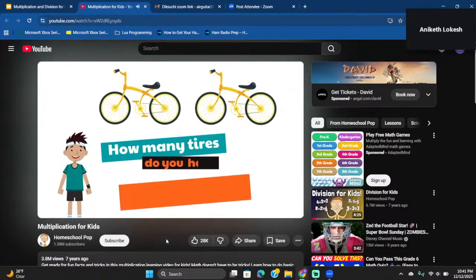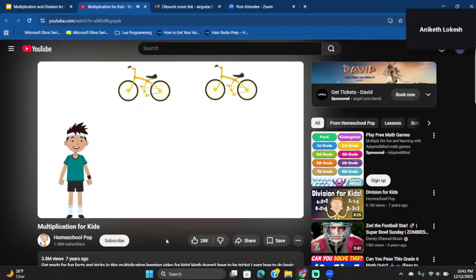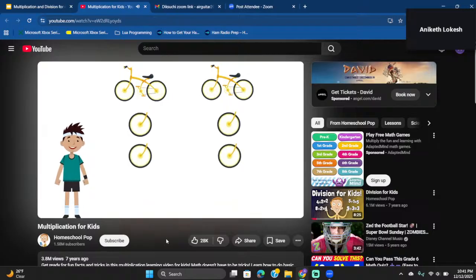Now remember, we're trying to figure out how many tires you have to take care of if you have 2 bicycles. Alright, now we have the wheels under each bike. Each bike has 2 wheels. 1, 2. So we write down a 2.